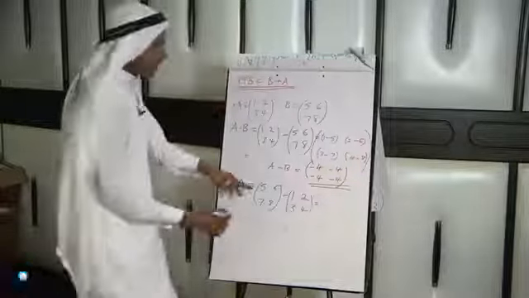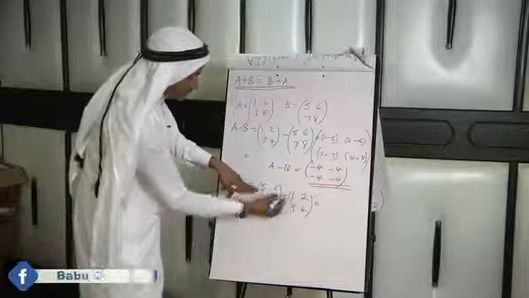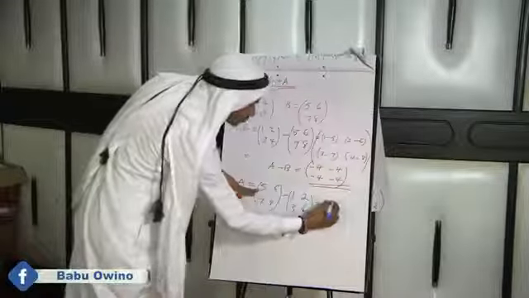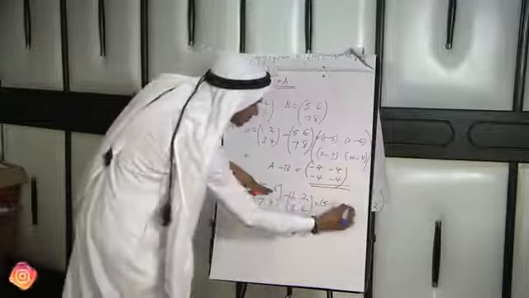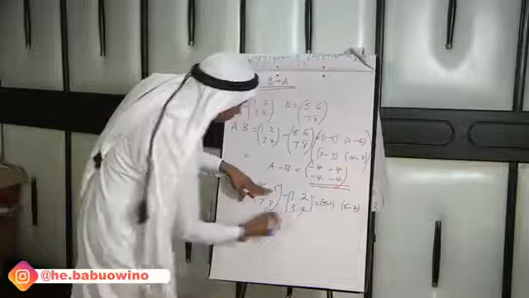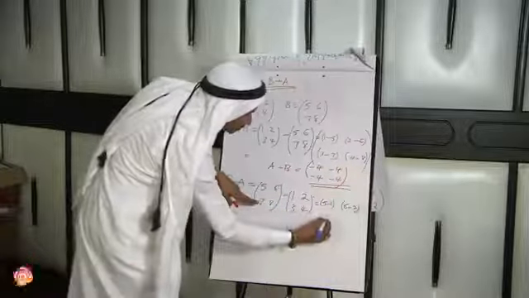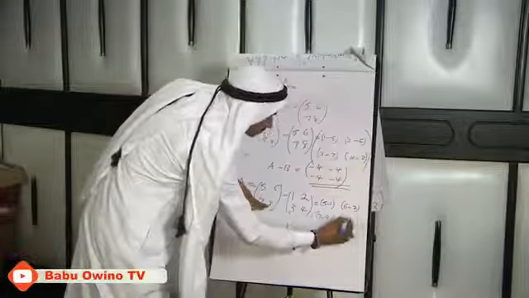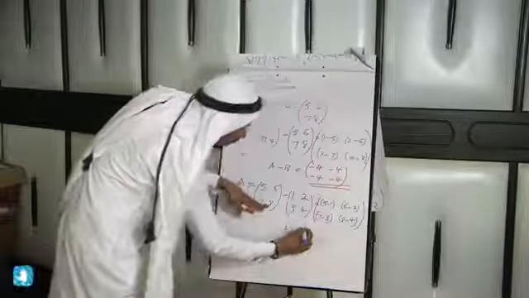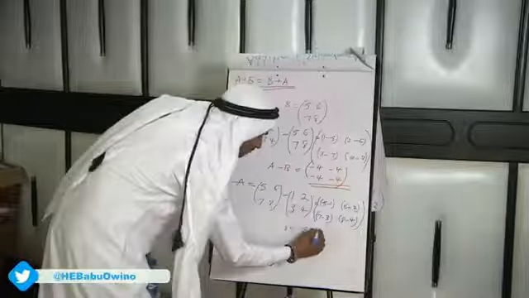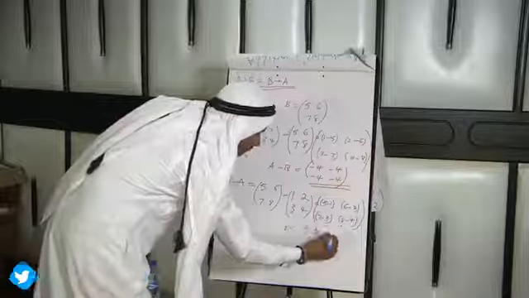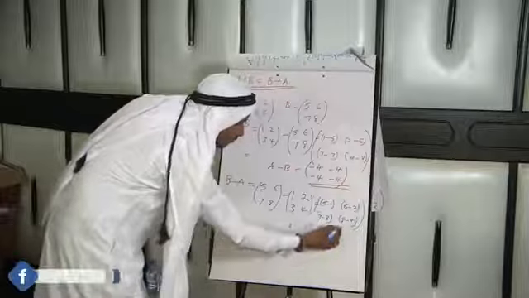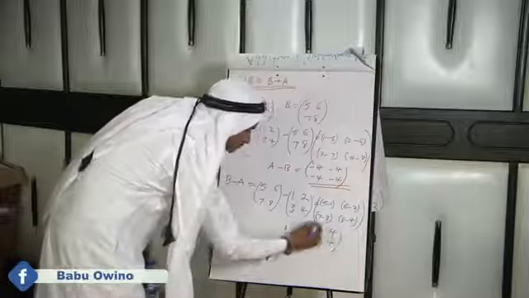So in this case again, the first element minus the first element is 5 minus 1, then 6 minus 2, then 7 minus 3, and lastly 8 minus 4. So from here we get 5 minus 1 is 4, 6 minus 2 is 4, 7 minus 3 is 4, 8 minus 4 is 4.